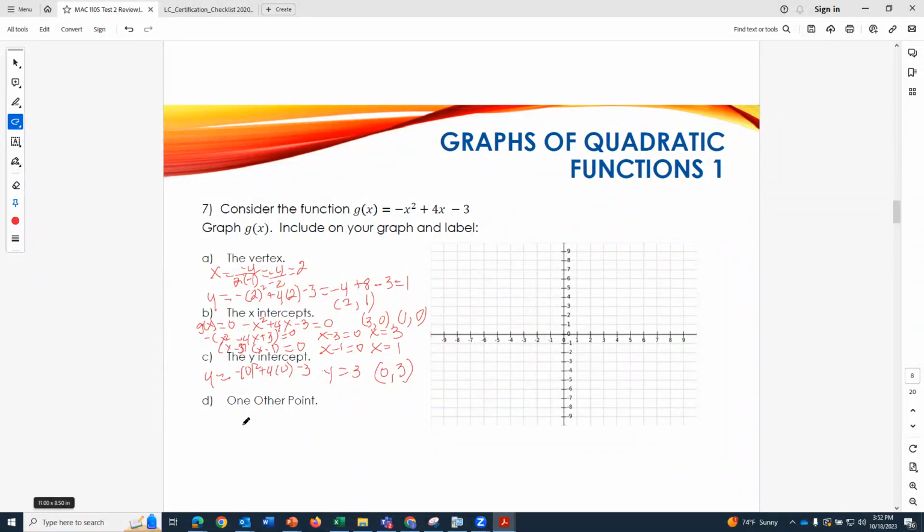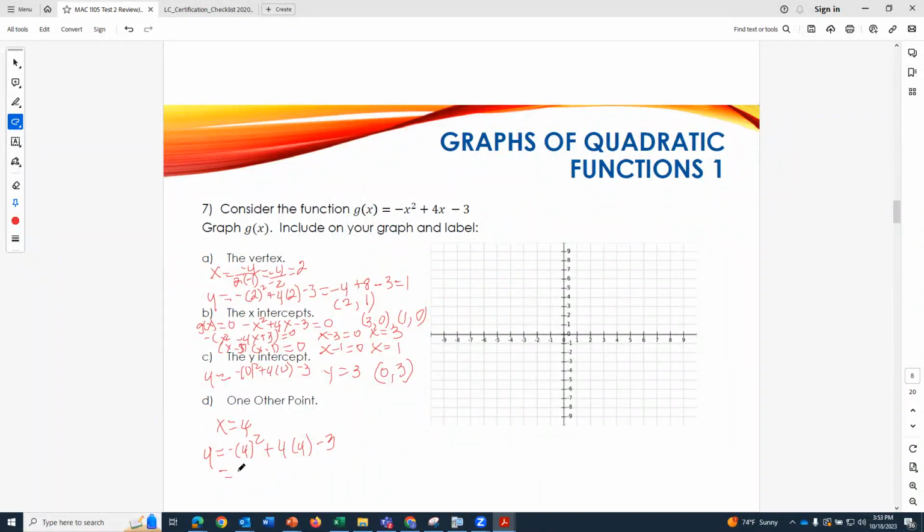And they ask for another point. We can choose anyone. Let's say x equals 4, for example. What is y? Y will be negative 4 squared plus 4 times 4 minus 3.